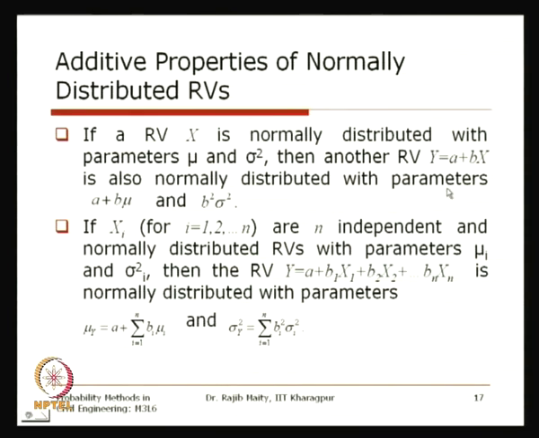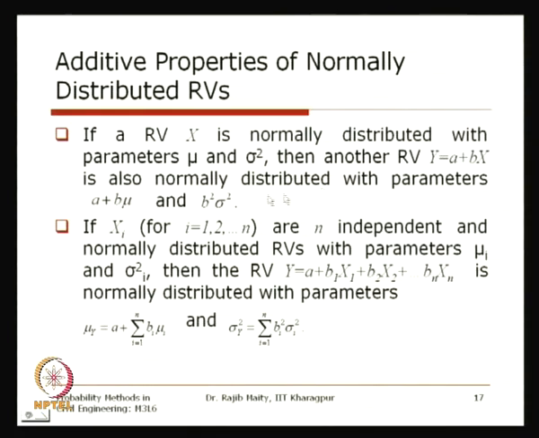However, its parameters will change. The first parameter, in place of mu, will be a plus b mu, and its second parameter, sigma square, is equal to b square sigma square. While getting these new parameters, we are just putting the mean value, that is the first parameter value, here, and getting the mean for this new random variable.